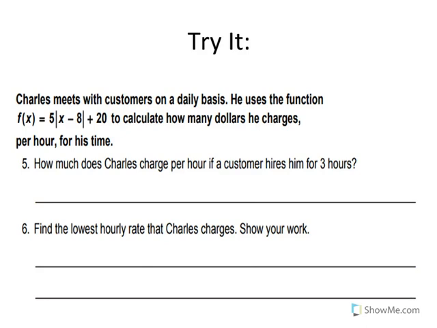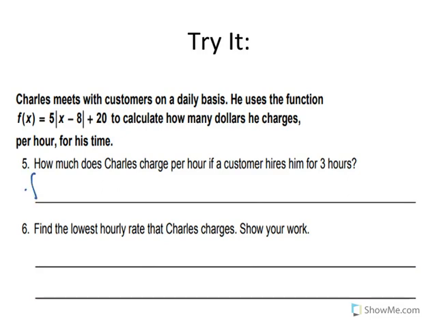Charlie meets with customers on a daily basis. He uses the function f of x equals 5 times the absolute value of x minus 8, close absolute value, plus 20 to calculate how many dollars he charges per hour for his time. How much does Charlie charge per hour if a customer hires him for 3 hours?